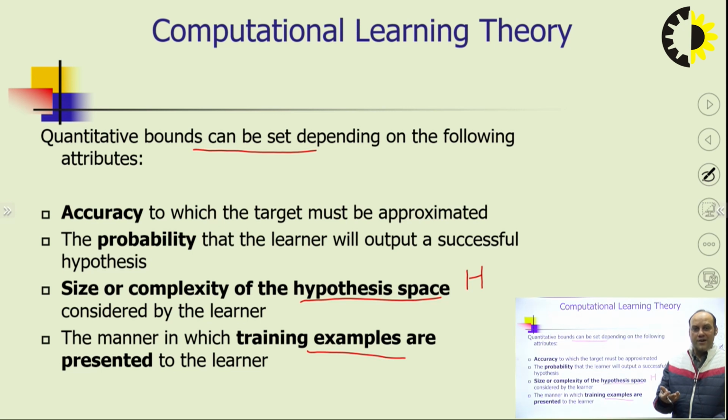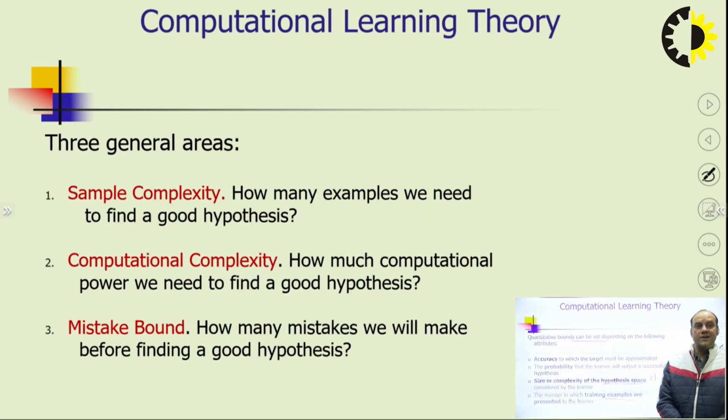So there are several attributes on the basis of which we can decide whether my friend will play his favorite sport on the Saturday morning or not. This is the training example. Okay, so the training examples are presented to the learner. In what manner are they presented? Depending on these, we will decide whether that machine learning algorithm will output efficiently. Okay, so these are the attributes.